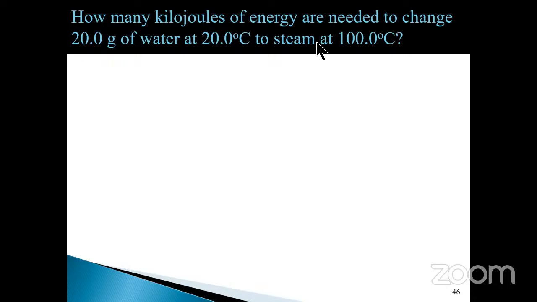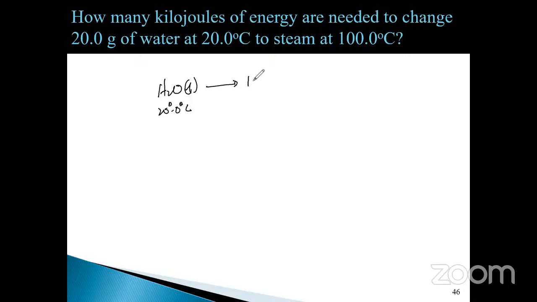This question says, how many kilojoules of energy are needed to change 20 grams of water at 20 degrees Celsius to steam at 100 degrees Celsius? Okay, what is going on here? Basically, you're starting with H2O liquid at 20.0 degrees Celsius.